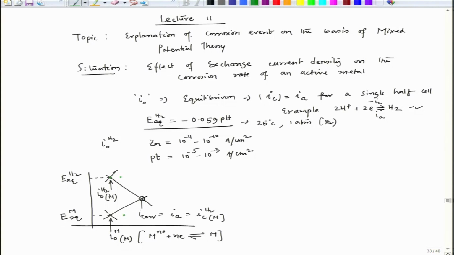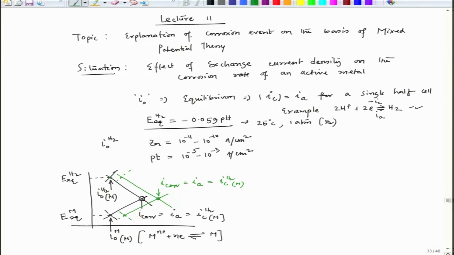If it changes here, and if we maintain Tafel's law for both the reactions the same, then it will go like this. So, this becomes my I corr equal to I a of that metal equal to I c hydrogen over that metal.